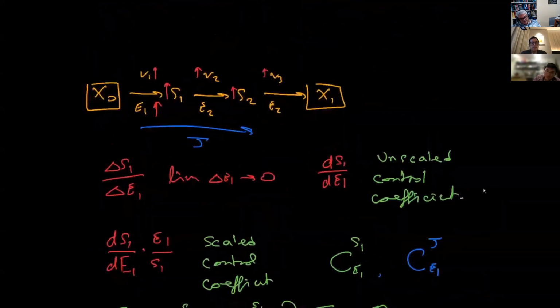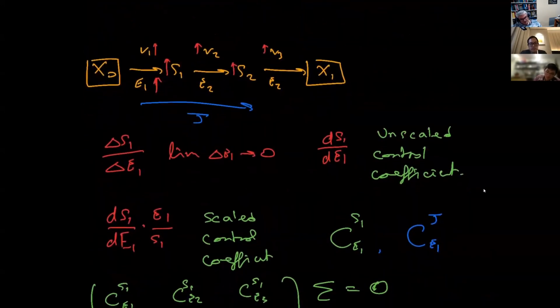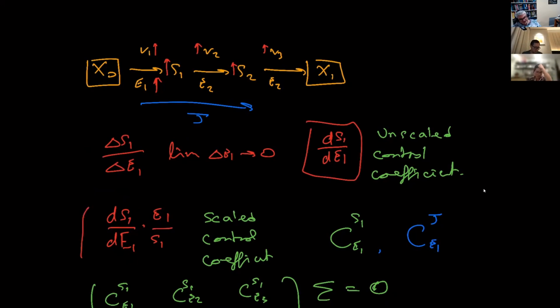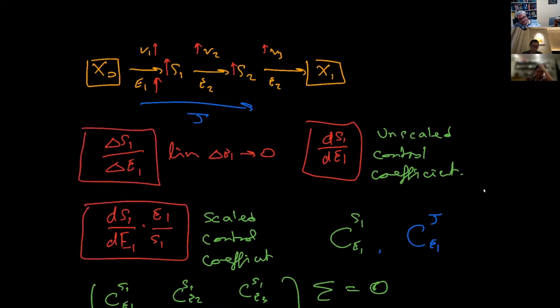The take-home message is 2 kinds of sensitivities, these unscaled ones and the scaled ones. Actually, no, hold on. 3 types of sensitivities: unscaled derivatives, scaled derivatives, and deltas, which don't mean much because it depends on the size of delta E1, which is why, of course, we invented calculus, because calculus eliminates the issue about the size of the delta E1.